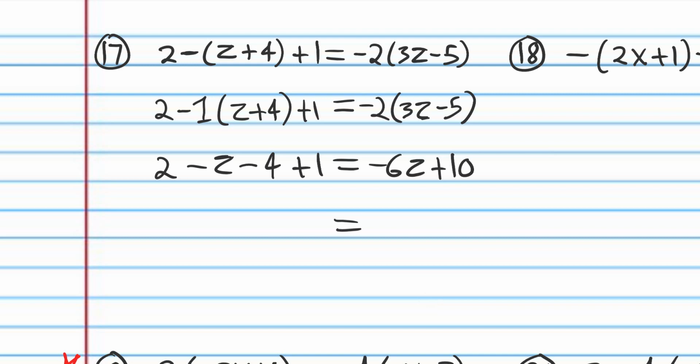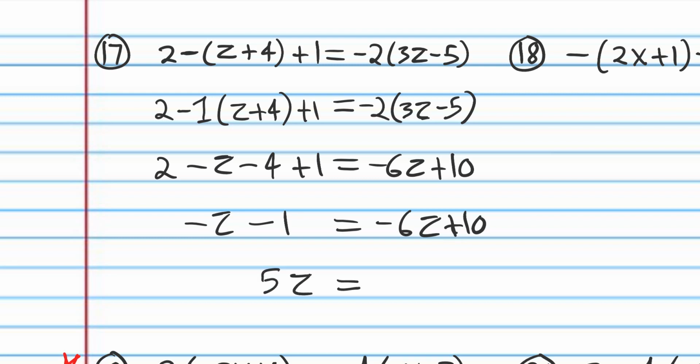All right, simplify the left side of the equation. 2 minus 4 is negative 2. Negative 2 plus 1 is negative 1. And there's nothing we can do on the right side of the equation. Add 6z to both sides, and we get 5z over here.